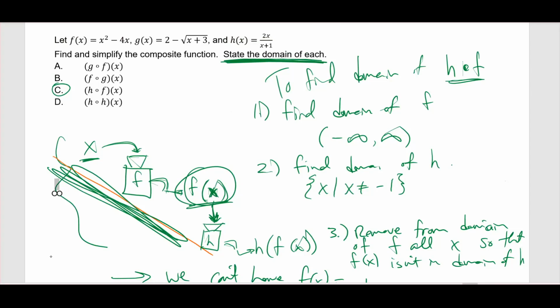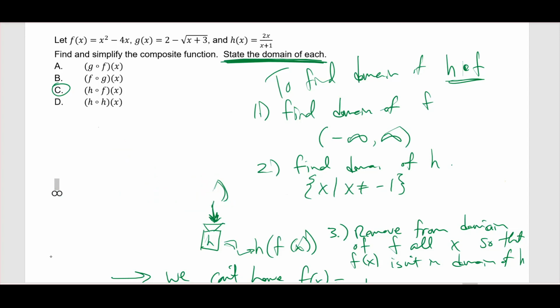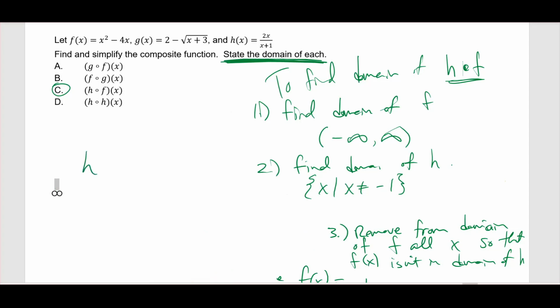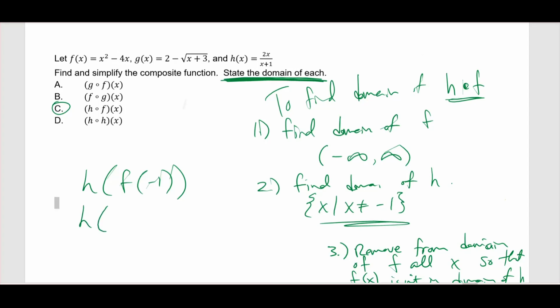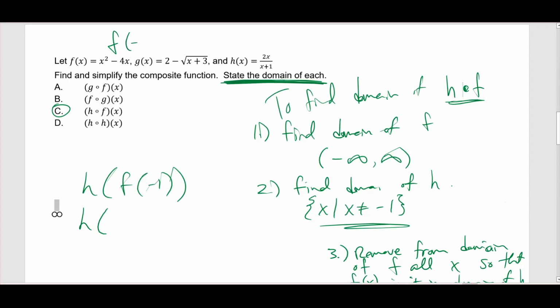So if we do h of f of -1, we can do this, right? Just to show us that -1 is in the domain of the composition. h of f of -1, so that's going to be, let's do a little scratch work up here. f of -1, yikes.